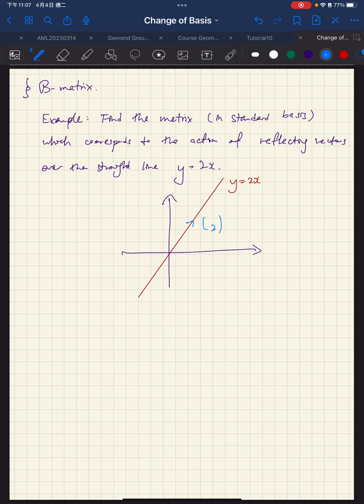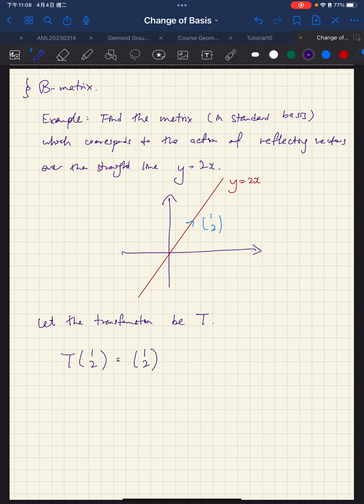So probably this is a good vector: 1, 2. So let's try to find the matrix. Let's say the transformation is T. So let the transformation be T. Sorry. Okay, so T of (1, 2) is actually (1, 2).